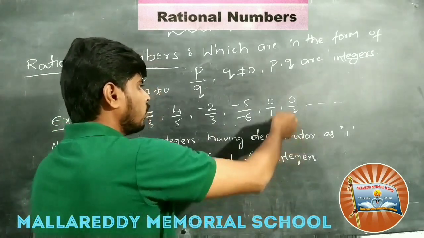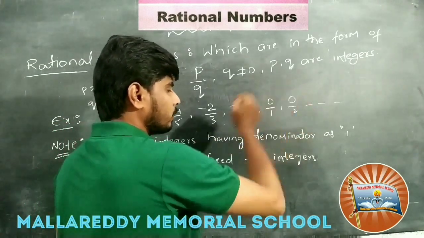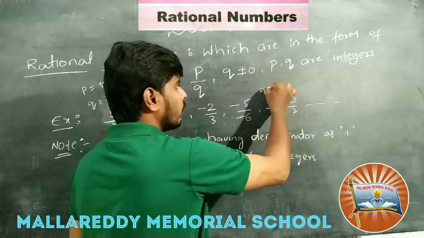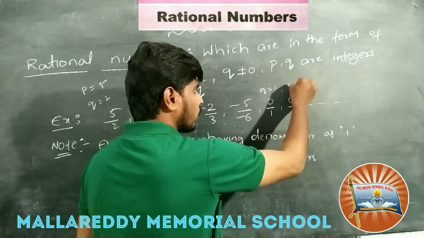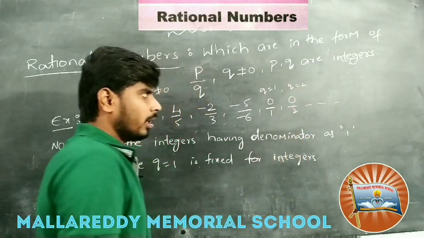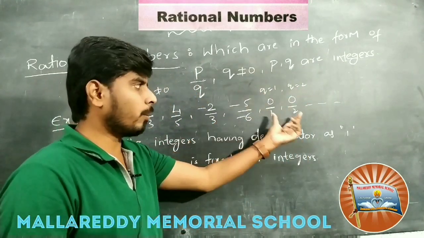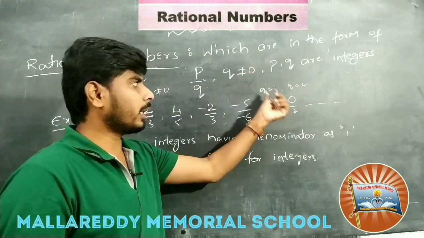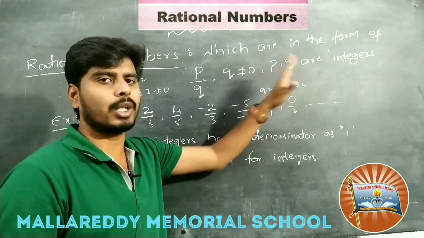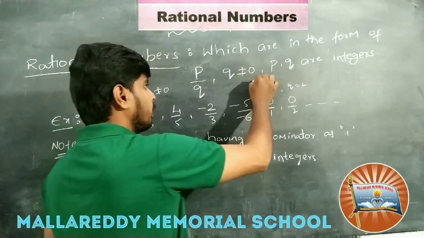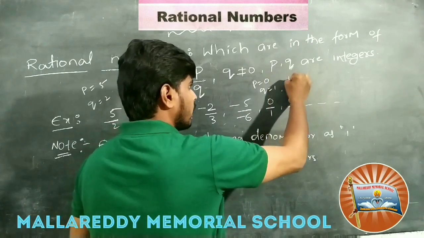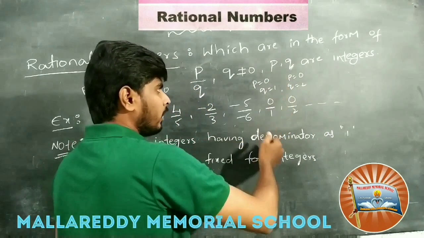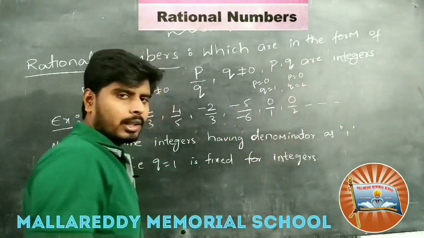And coming to 0 by 1 and 0 by 2, look carefully here. Here q equals 1 and here q equals 2. Our condition says that the denominator is not equal to 0, but the numerator, that is the p value, may be 0. So here p equals 0, here also p equals 0, and 0, 1 and 0, 2 are integers here.